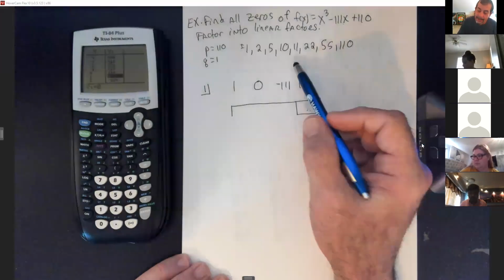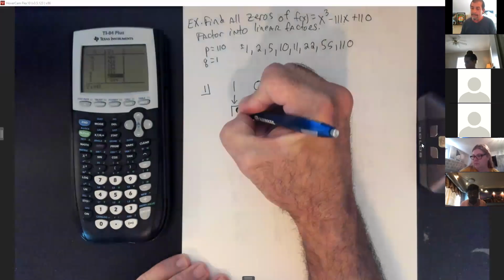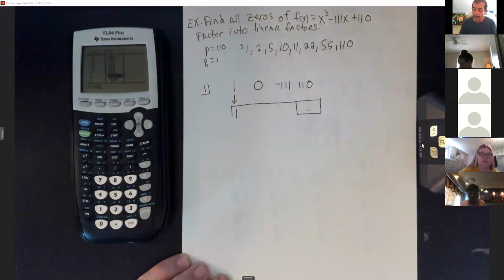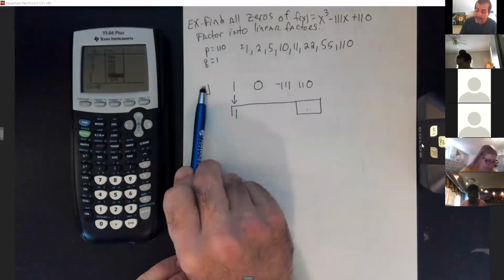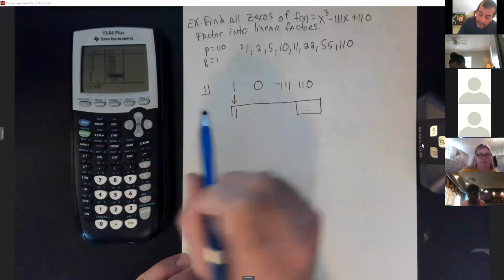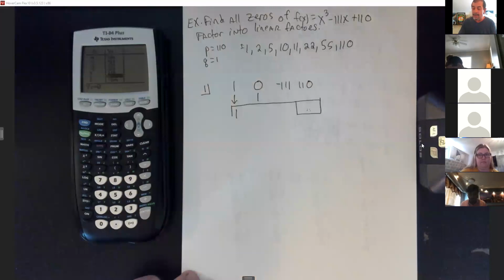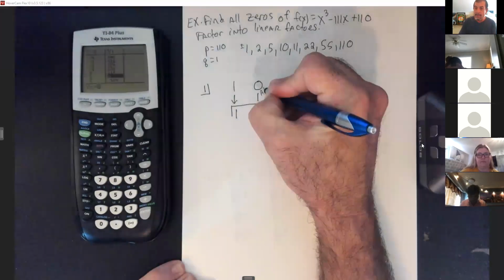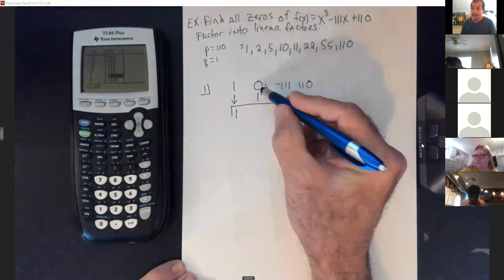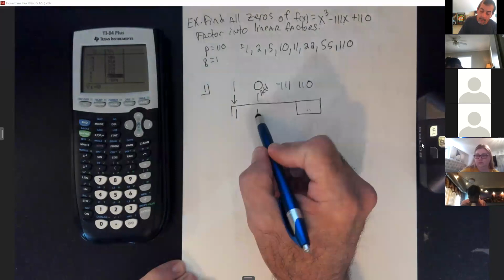All right, so let's check. The first number 1 goes straight down. And then you take that 1 times the 1 for your C. So 1 times 1 is 1. Put that under the 0. Then you're going to add those together. And 0 plus 1 gives me 1. Now we're going to take 1 times 1 and get 1.